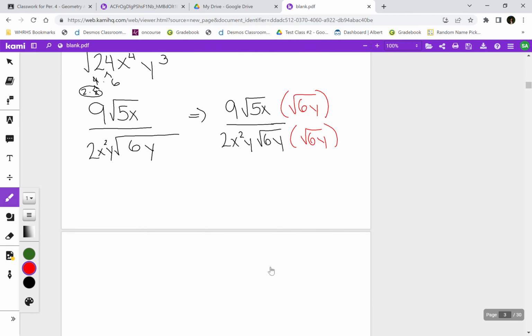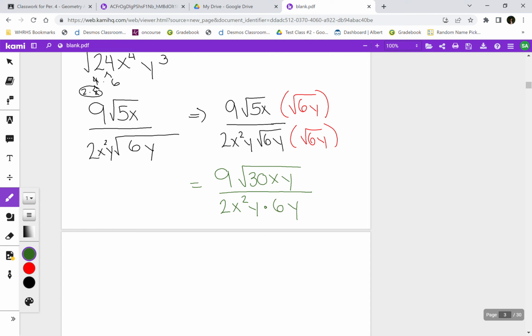So in our numerator, we are going to get 9, and then we just multiply the radicals. 5x times 6y, isn't that 30xy? Can I simplify a 30xy? 15 and 2, no pairs, right? xy, no pairs. In our denominator, now I'm going to have 2x squared y times 6y.